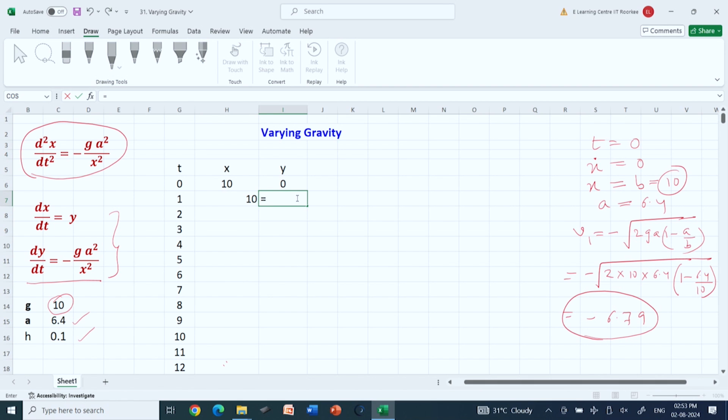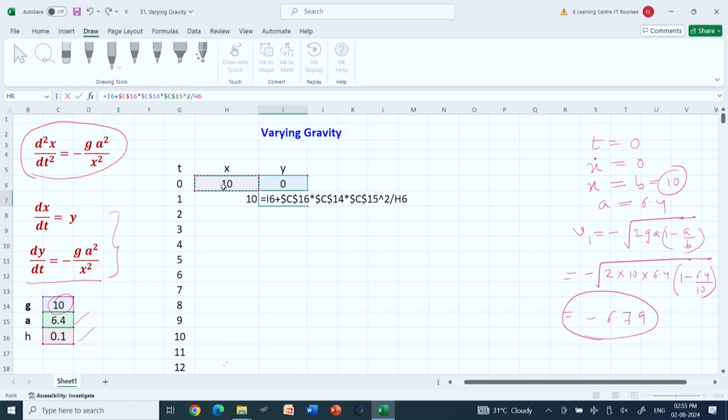The value of y is equal to y0 plus h, which is a constant, multiplied by the value of g, which is 10, again a constant, multiplied by a square, which is again a constant, so I put dollar signs, divided by x square.